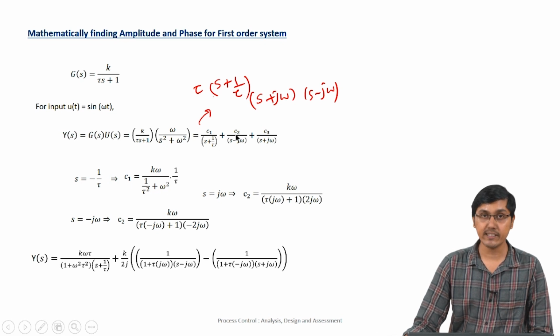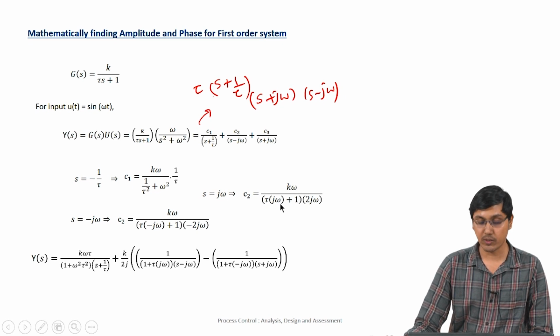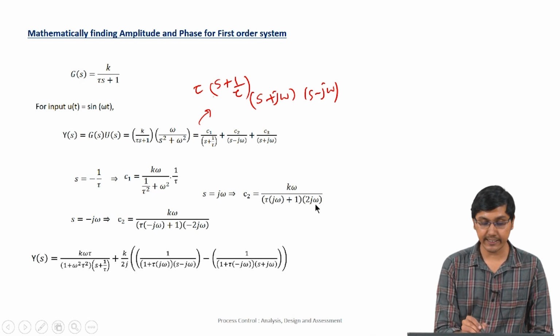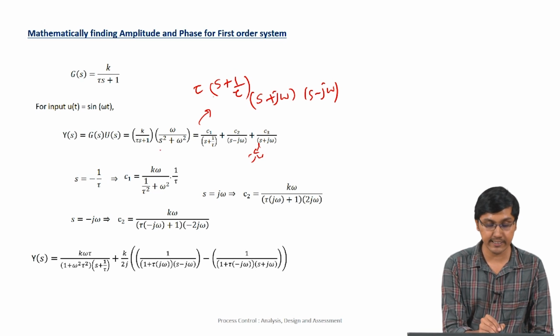And for C2 we substitute s equal to plus j omega, and the poles that are still present are s plus 1 by tau, and s plus j omega. You can do it for yourself, it's straightforward, and it comes to k omega by tau of j omega plus 1 and 2j omega. Because s again becomes j omega, this is written as s minus j omega and s plus j omega.